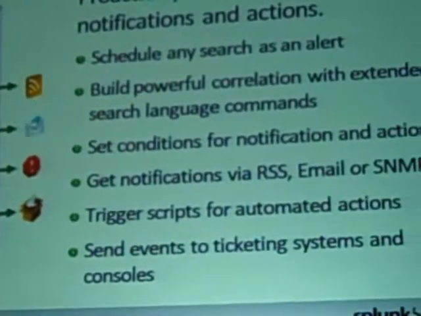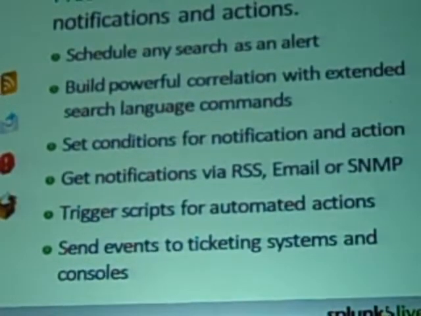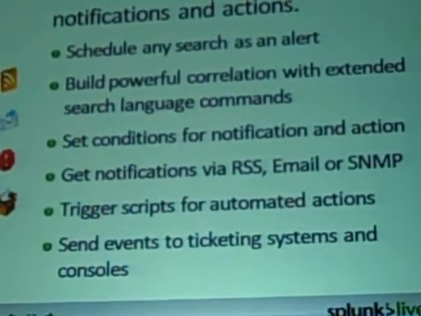Our extended search language, which I will show you some of, lets you do powerful correlations with the data, and then embed those in searches that you set up for monitoring. So you have all the capabilities of a rules engine, but it's integrated into the same search-based language that's very flexible and consistent across all the capabilities.